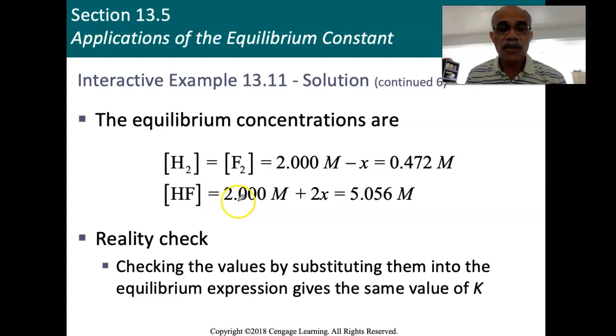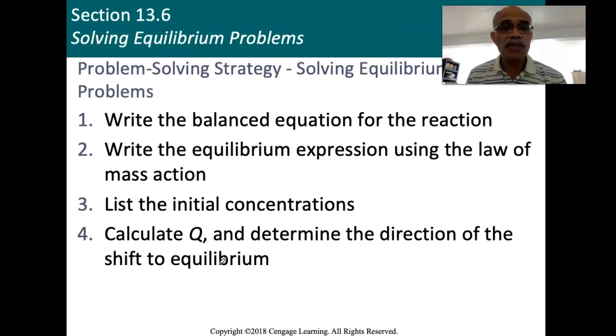And the product will be 2 plus 2x, so it'll be 5.056. So here we have the concentrations of all species at equilibrium. How did we get it? We have to apply the stoichiometry and the ICE table. So remember that. That's a very important step in the calculation of this.